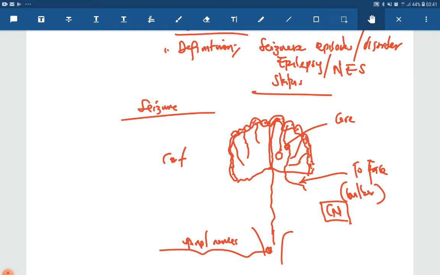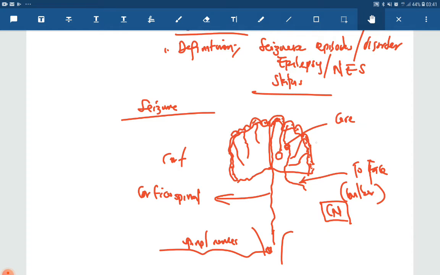So we have the spinal nerves, the ones that go to the body, which is the cortical bulbar. Sorry, that was a mistake. It's cortical spinal I wanted to say. It goes to the spinal cord. Cortical spinal.